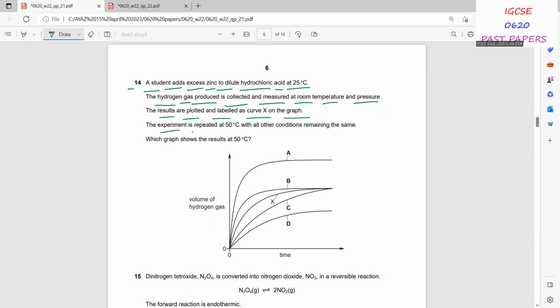The experiment is repeated at 50 degrees centigrade with all other conditions remaining the same. Which graph shows the results at 50 degrees centigrade? Now this time the temperature is high. Other conditions are same. So we will have a steeper graph for this one. So B will be the right answer for this question.